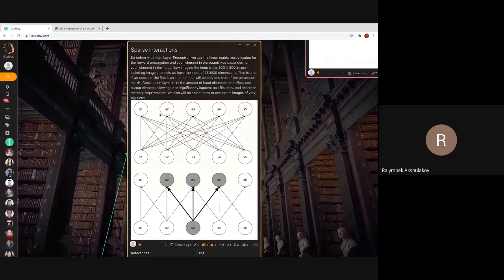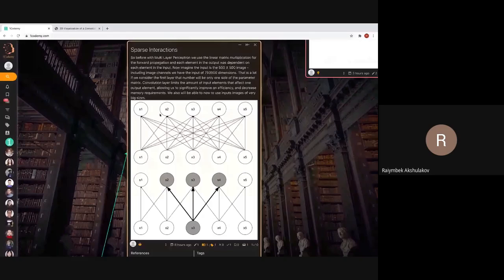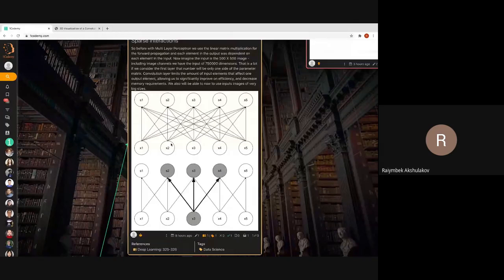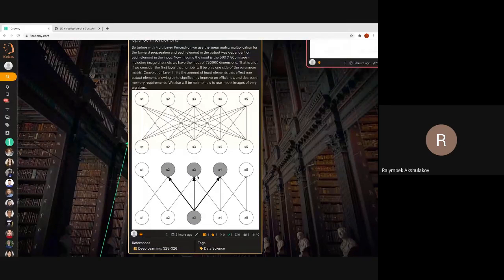And if we consider just the first layer, and we have the hidden layers in front, there will be an incredible amount of parameters. So in a convolutional layer, because we're sliding one kernel, we limit the number of input elements that can affect one output element. It's shown clearly in this image.